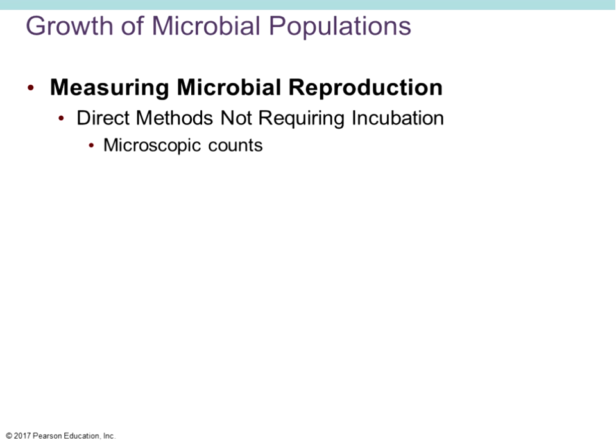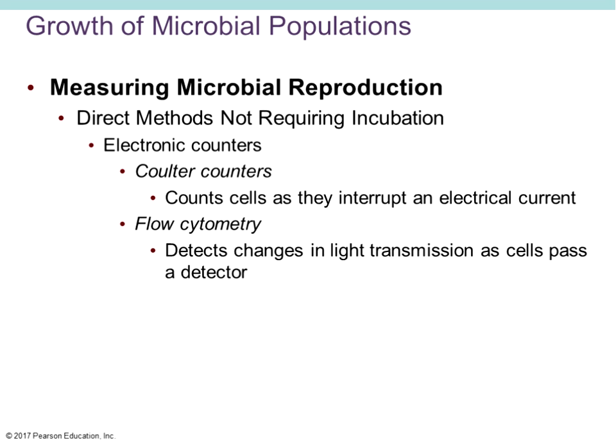Ways that we can measure this microbial growth include microscopic counts. That's a direct method, and it doesn't necessarily require any incubation. To do that direct count, we can use electronic counters, such as a Coulter counter, which counts cells as they interrupt an electrical current.